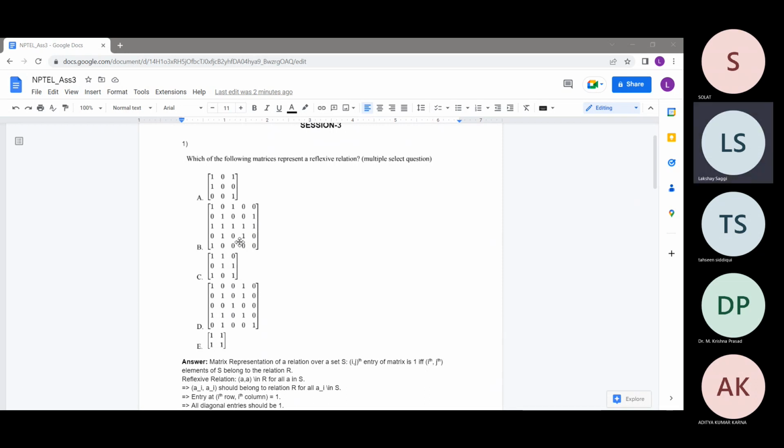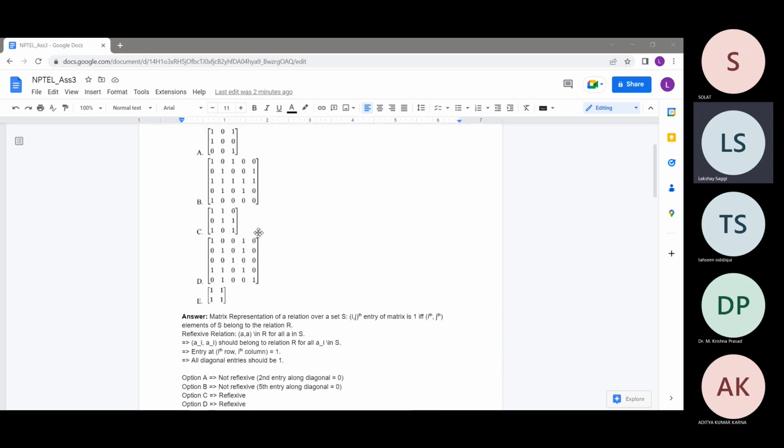Another thing to note is that the symmetric matrix term derives from the symmetric relation only. If a relation is symmetric, then its corresponding matrix will also be symmetric. Just a side note that that's how the symmetric matrix term came to be. This is from symmetric relations.